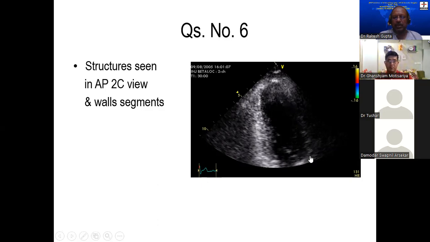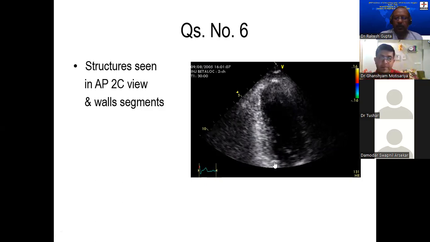Now segment-wise, why do you say this is inferior? I say it's posterior. Inferior and posterior, I thought they are the same nomenclature. Okay. Meanwhile, is there any difference between the inferior and posterior wall?